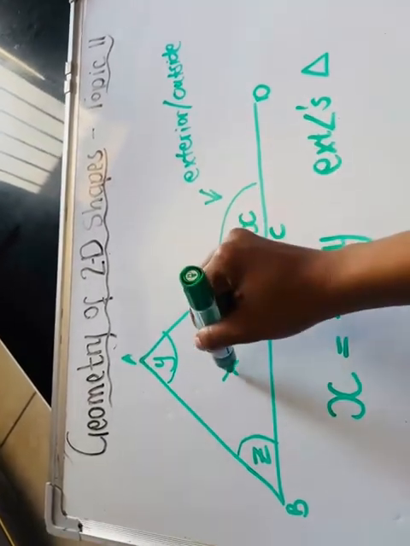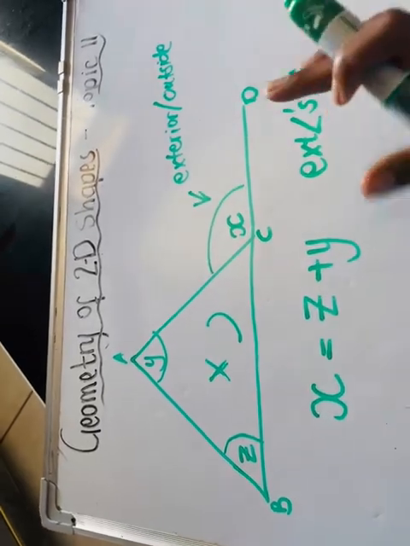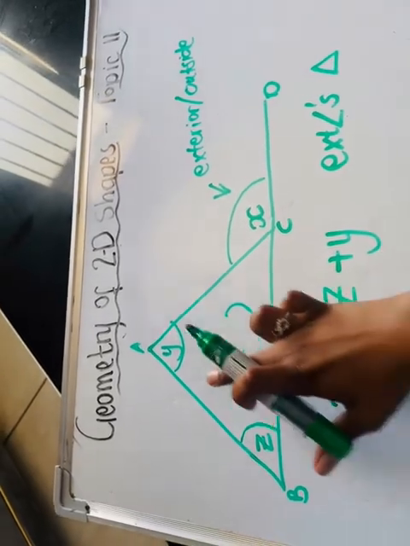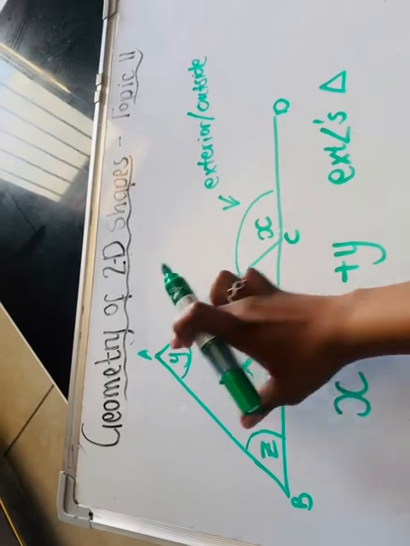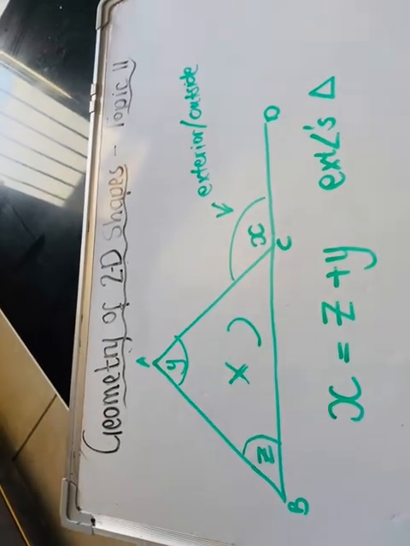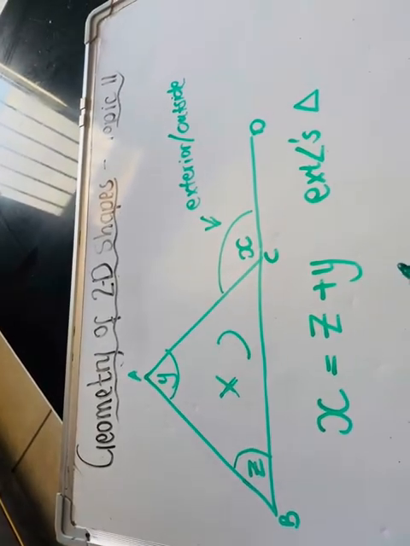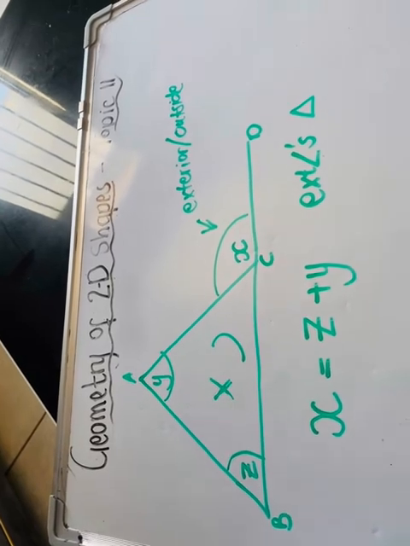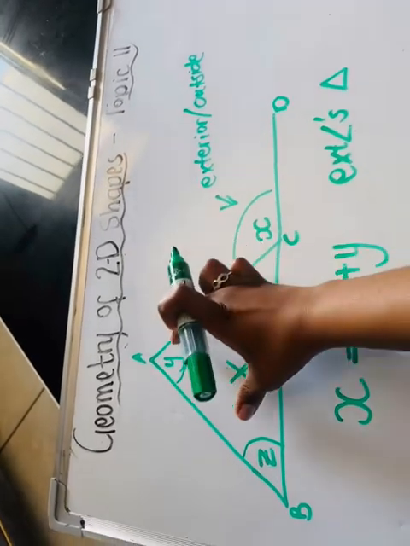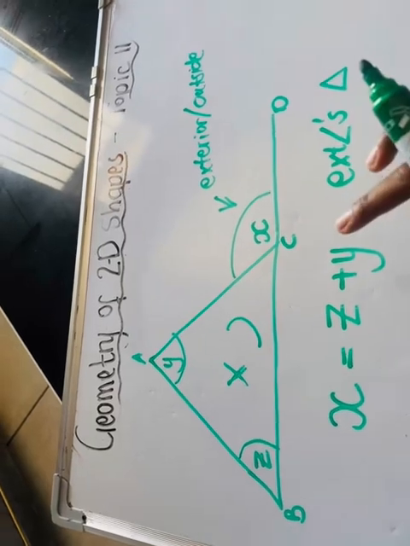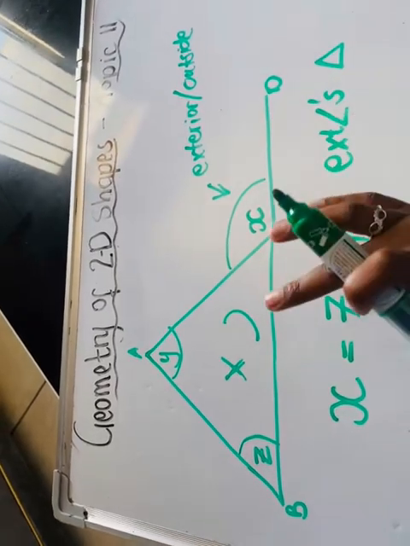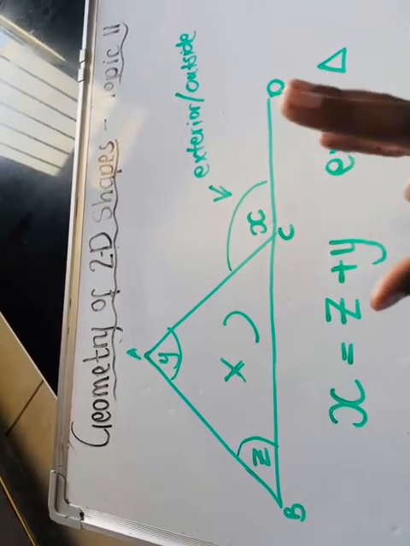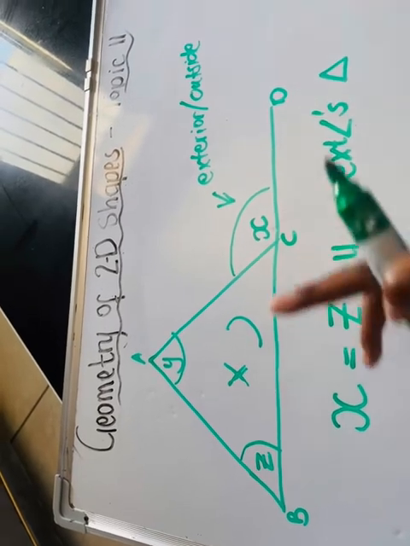That's why I usually draw the smiley face here, to show you that when I talk about the interior angles of a triangle, I'm talking about these ones. So even if we change the triangle, make it look the other way around, it should always be the two opposite interior angles of a triangle. So when you get such questions, you can draw yourself the nose and the mouth so that you can see where the two angles are.